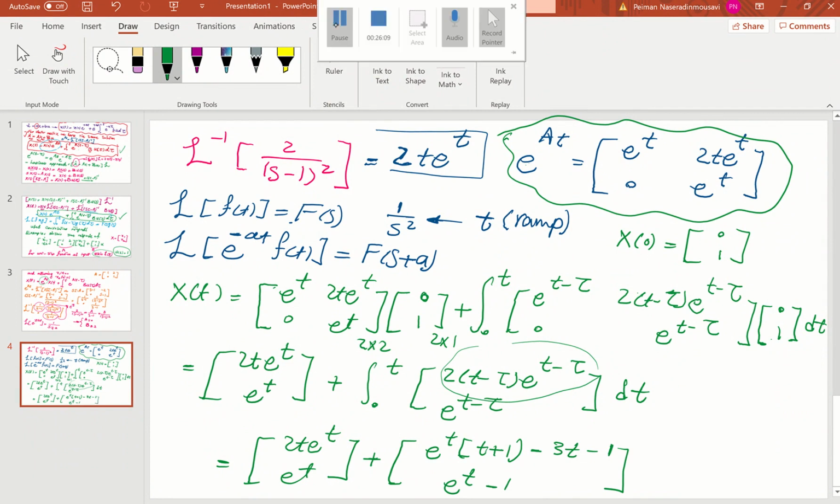Hold on a second, I'll double check everything. I'm sorry guys, I have to revise this part because I double checked. So this is going to be 2 e to the t, t minus 1, and plus 2, okay, 3 plus 2, and here we are. If you add them, you get the general solution for this problem.